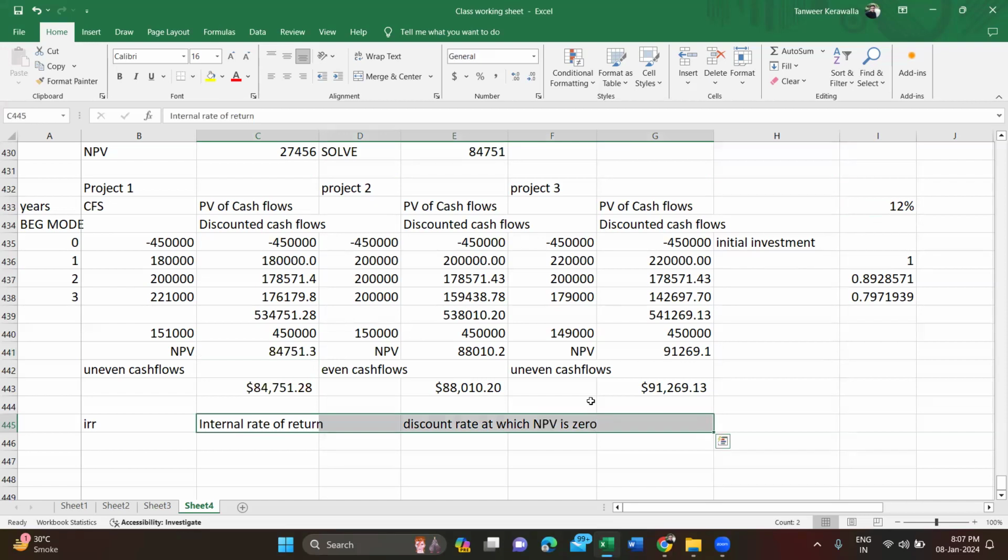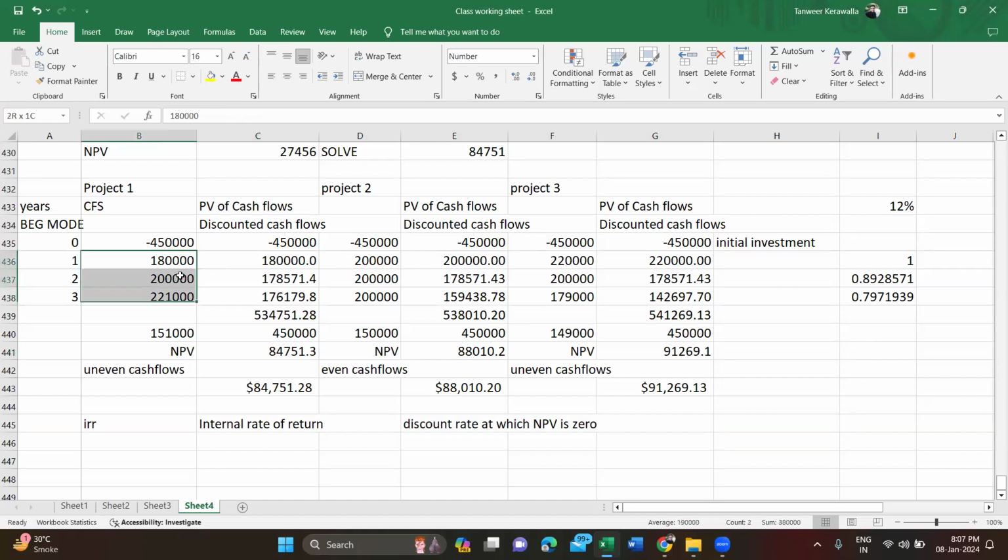That's your theory. But internal rate of return can be used to find out the percentage return in present value terms. How much I'm gaining in present value terms, right? These were the future figures.